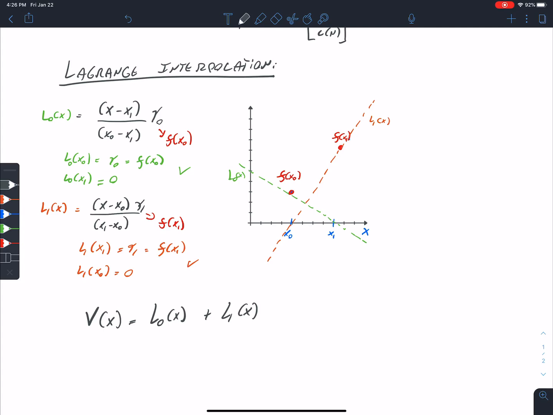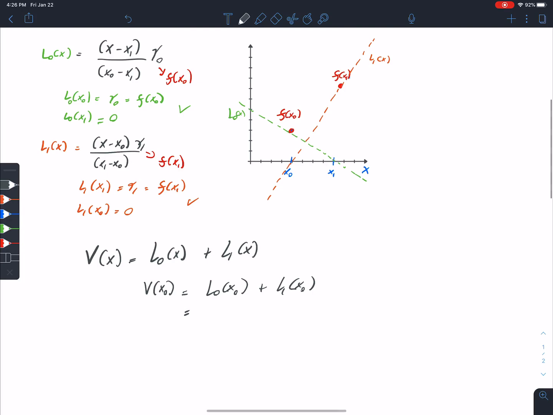Well, let's start at x0, right? So what is V at x0? That's going to be L0 at x0 plus L1 at x0. This will be equal to y0 plus 0, right? We already stated that L1 at x0 is 0, so I just plugged it in here.